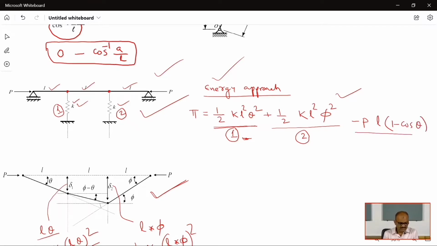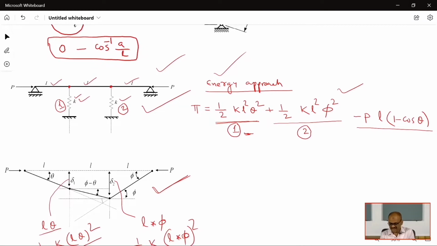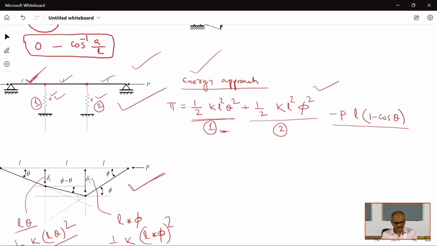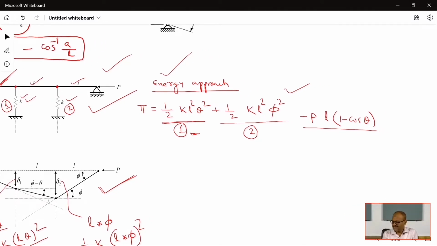So this is the external work done because of the first segment of this bar, this one. This is P into L multiplied by 1 minus cos theta, and this you can write here as the descent of the bar.